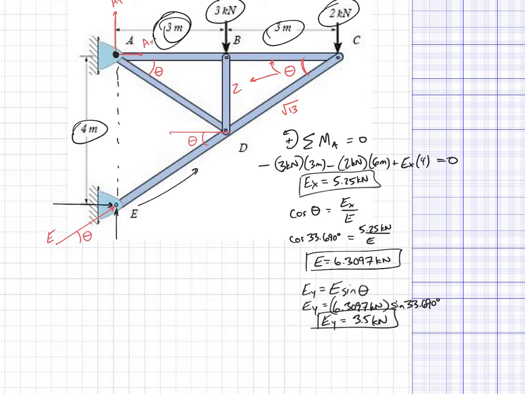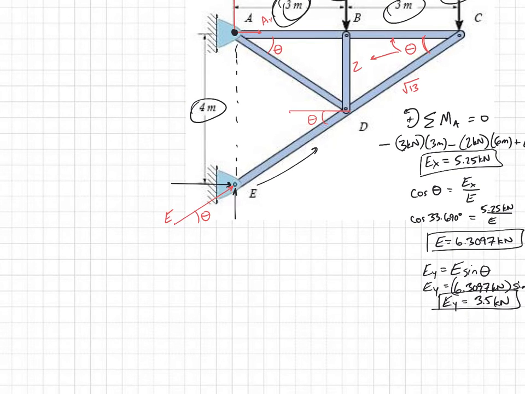But it is what it is. So this E is going to be 6.3097 kilonewtons, and I'm going to keep the X and the Y just because it's going to make my life a little easier: 5.25 kilonewtons, 3.5 kilonewtons.